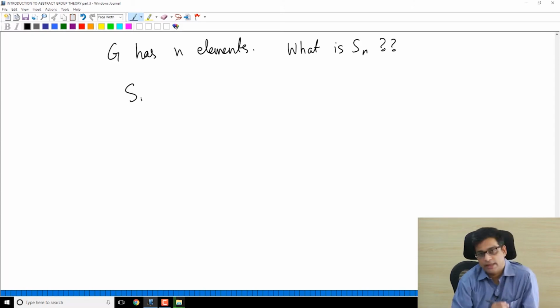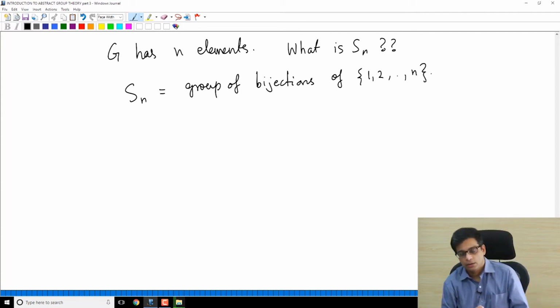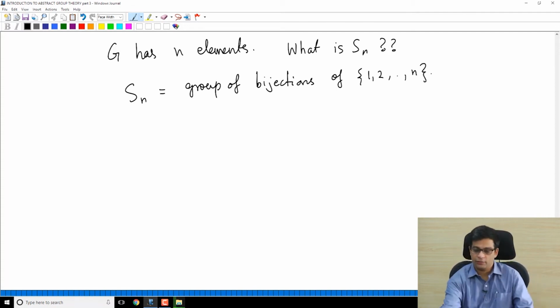Sn, I said, is the symmetric group on n letters. So Sn is the group of bijections of this set, right? But really the fact that we are calling the elements 1 to n is not important.